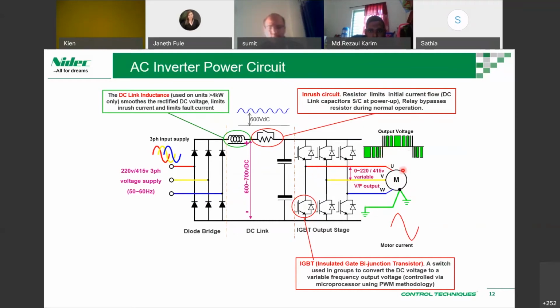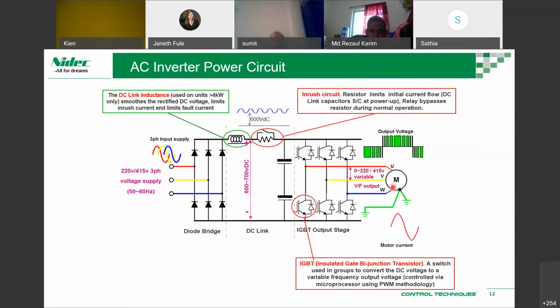If you did not connect the motor and you try to measure UVW with an AC multimeter, you pretty much will not get an AC voltage. It will be a few volts, but actually, let's say you're running at full speed, you'll get 415 volts out of it, but you cannot measure it with the AC voltmeter.